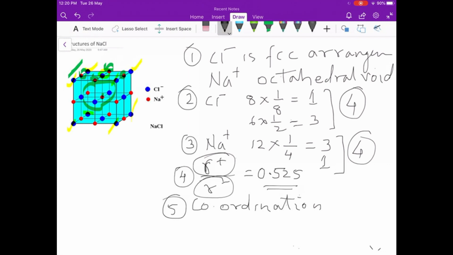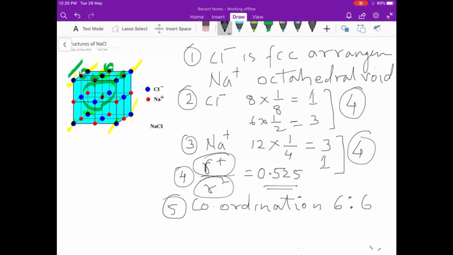Usually coordination number is the total number of particles surrounding or in contact with one particular particle. But since here we are talking about both sodium and chloride, if you are asked the coordination number of sodium chloride, it is 6:6.